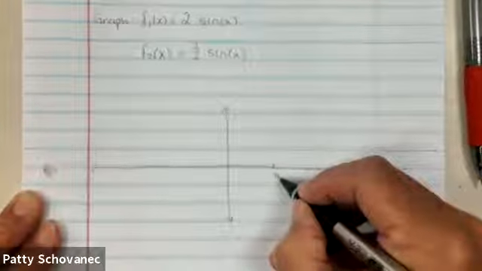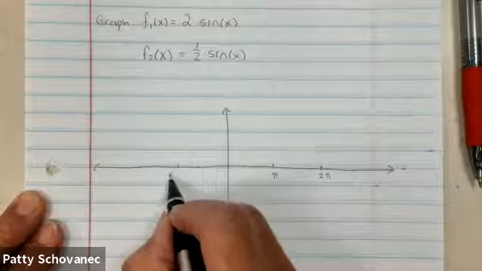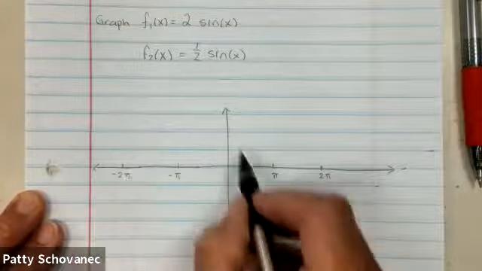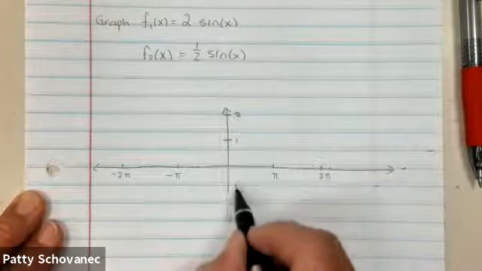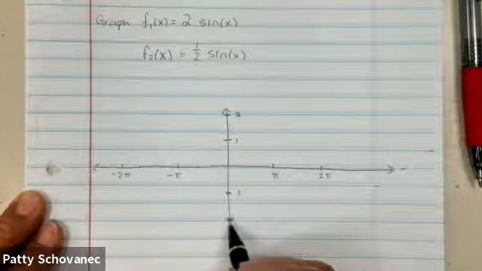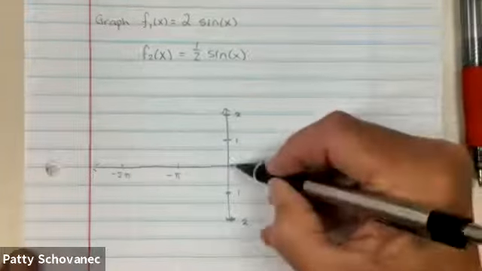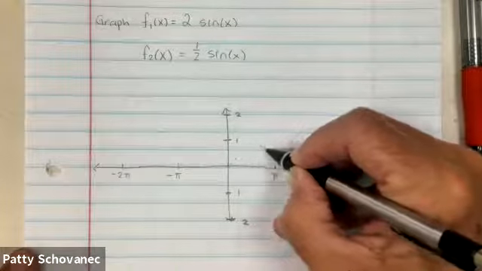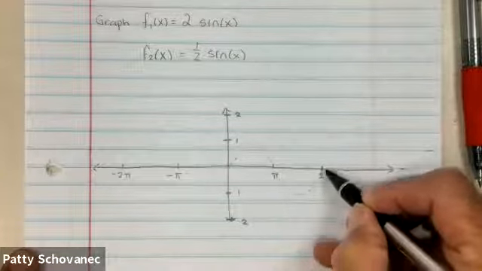So here I need the pi's. I'll just draw it one period on each side, minus pi, minus 2 pi. And let's say that this height is 1 and that height is 2. Okay, so the sine of x did this, crossed at all multiples of pi, bounced between 1 and minus 1.